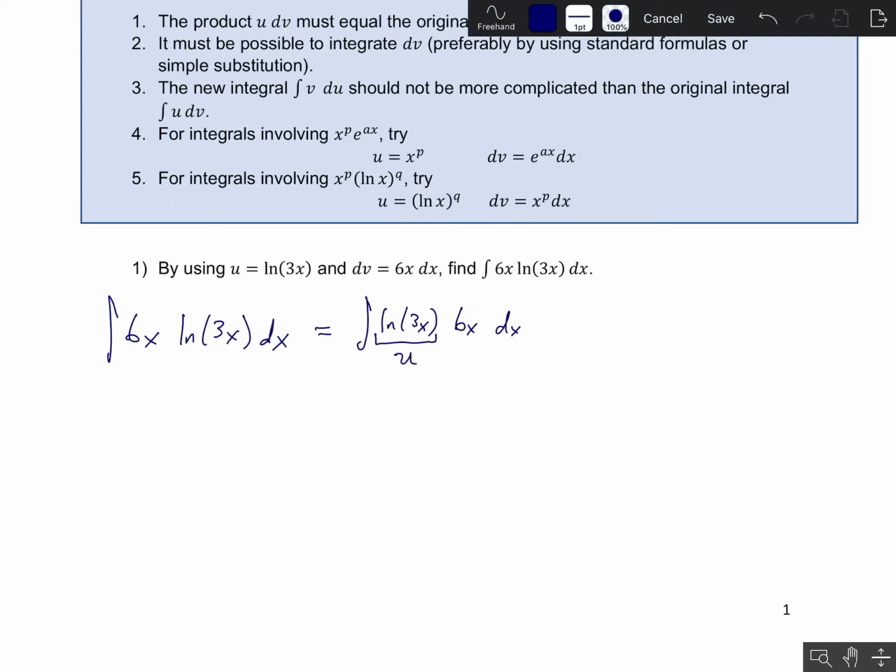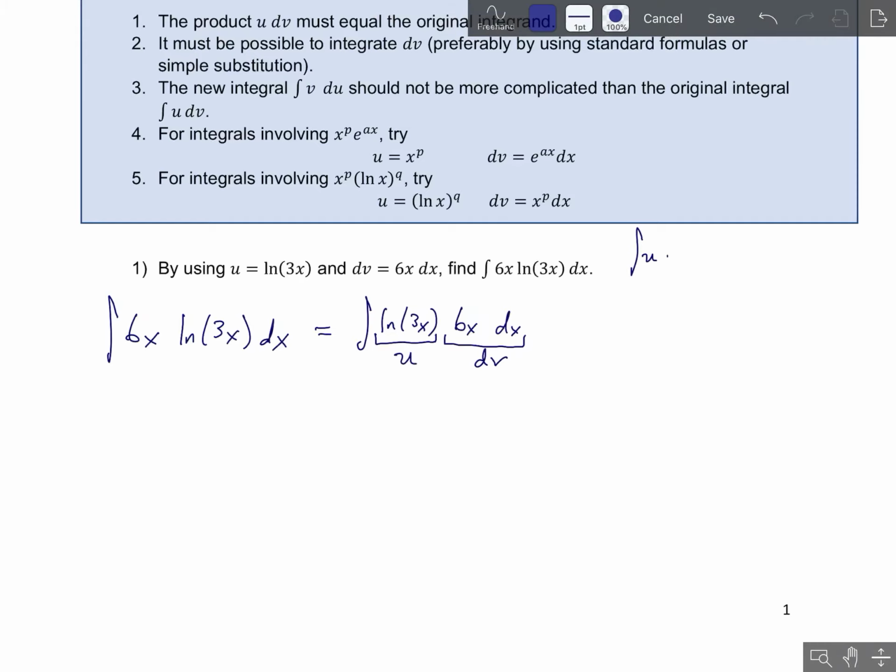Because remember, we're trying to choose u to be something whose derivative is nicer. And we don't like integrating ln. Instead, we would prefer to integrate something like its derivative. So that'll be our u. Once you choose u, the rest of the integrand has to be dv. So the rest of this is going to be our dv. And that's what we were told in the prompt.